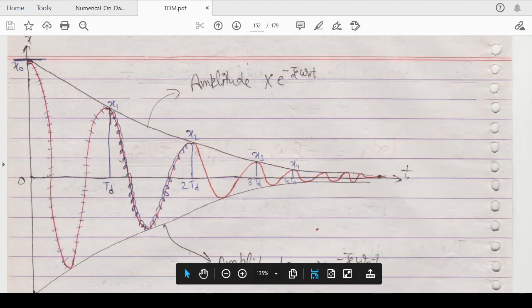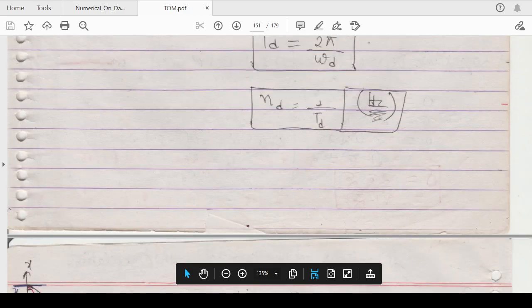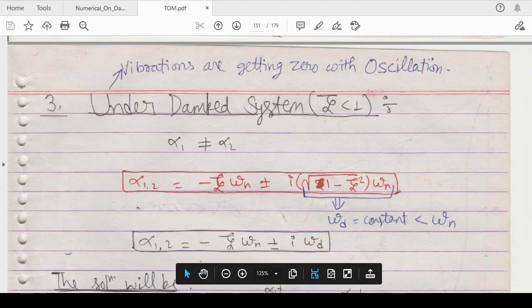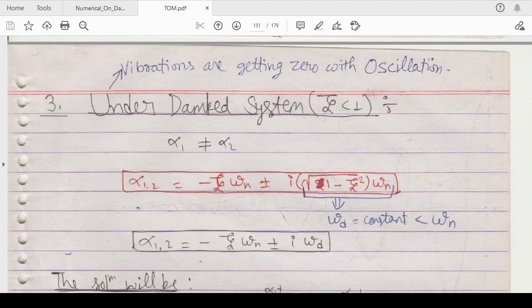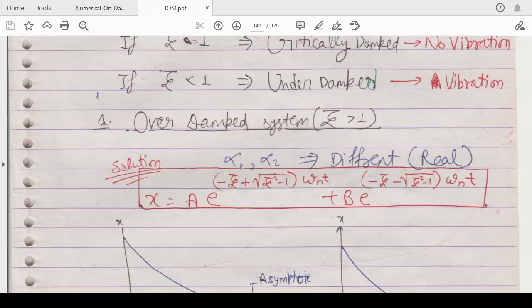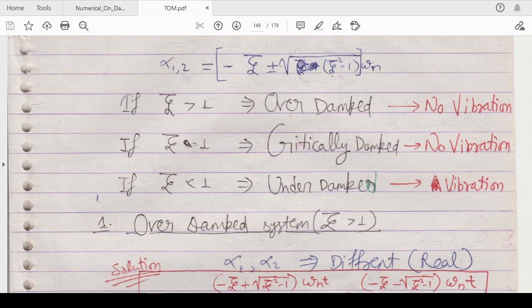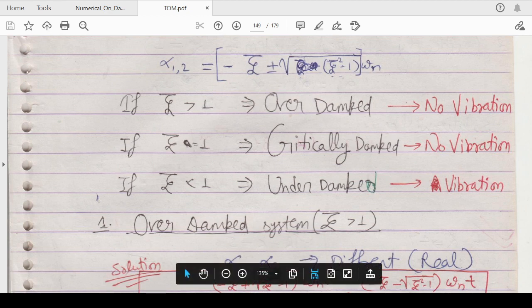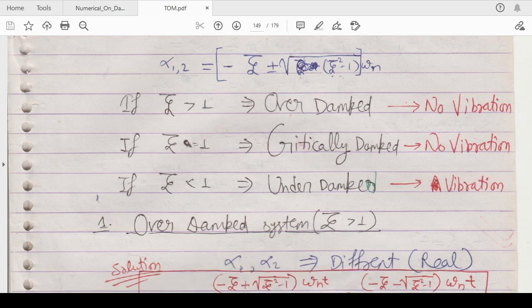As you can see, we have studied underdamped, overdamped as well as critically damped viscous damping systems in the previous sessions. If zeta, which is your damping factor or damping ratio, is greater than 1, then it is overdamped.